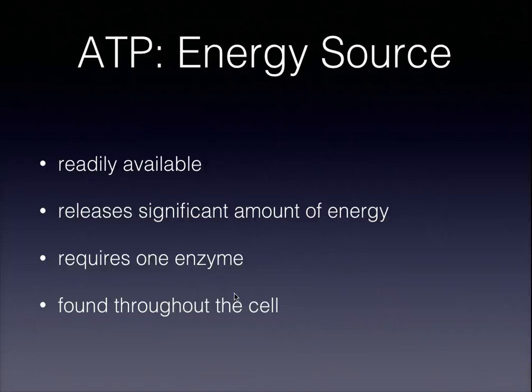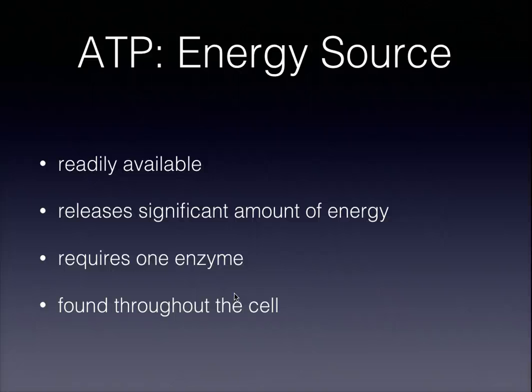So you might be wondering, why is ATP such a great energy source? We obviously eat food for energy. We eat carbohydrates and proteins and lipids. But if we just think about ATP as an energy source compared to, for example, glucose, ATP is really ideal. It's readily available. It's convenient because it just requires the breaking of this one bond between the last two phosphate groups.